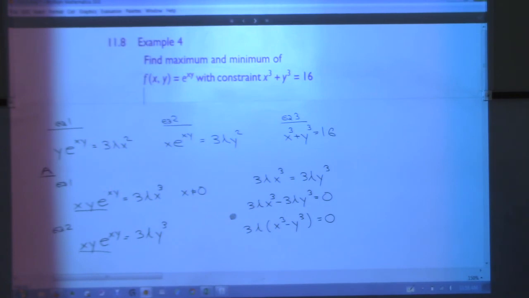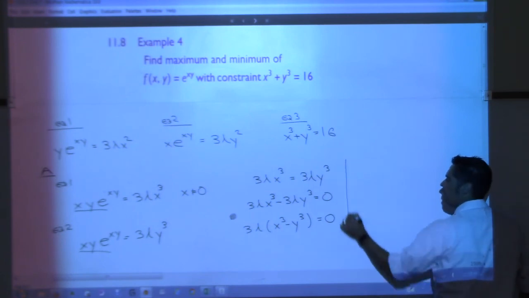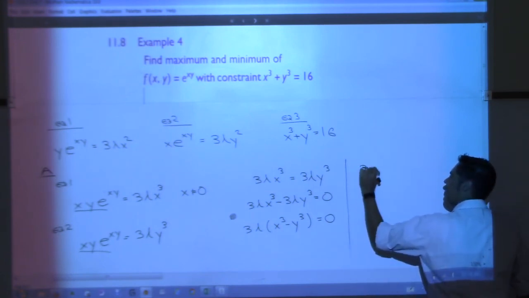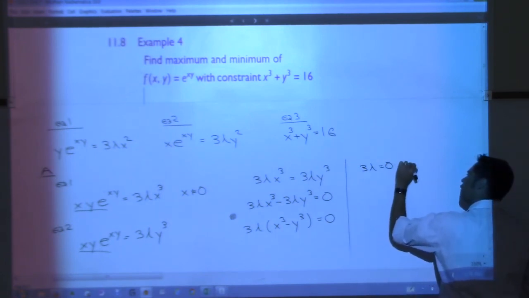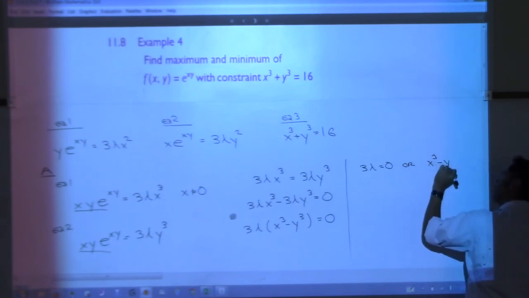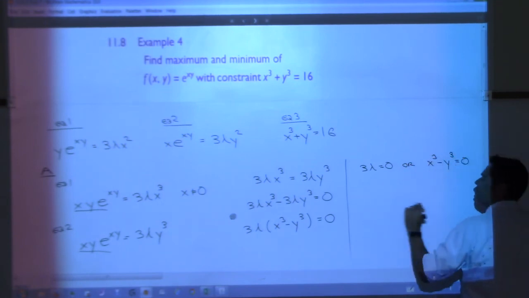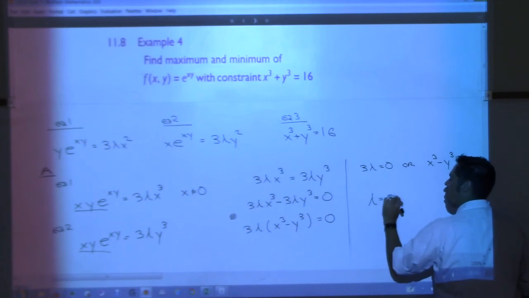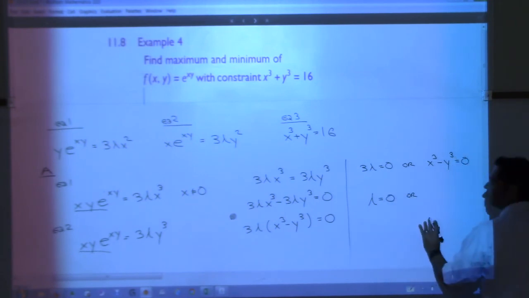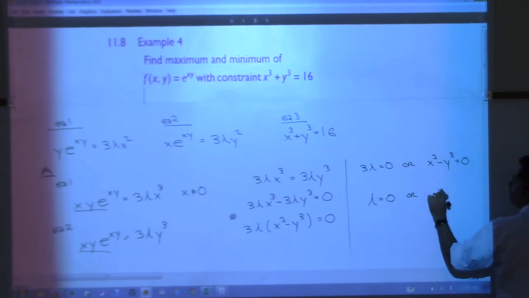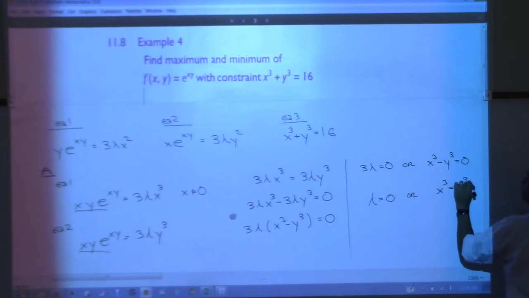And now you set these both equal to 0. So here's what we've got. We've got 3 lambda equals 0, or x cubed minus y cubed equals 0, which means lambda is equal to 0, or x cubed is y cubed, right? Because I just move over.